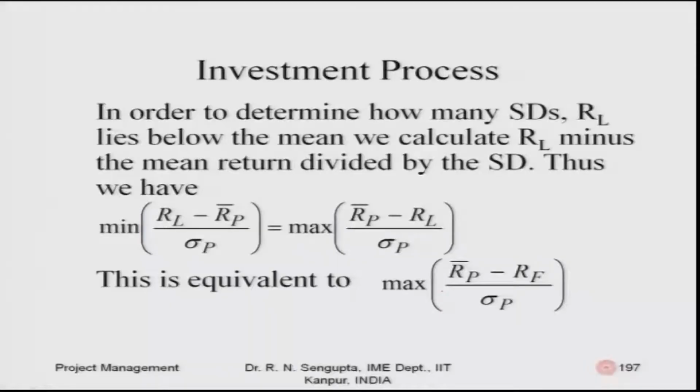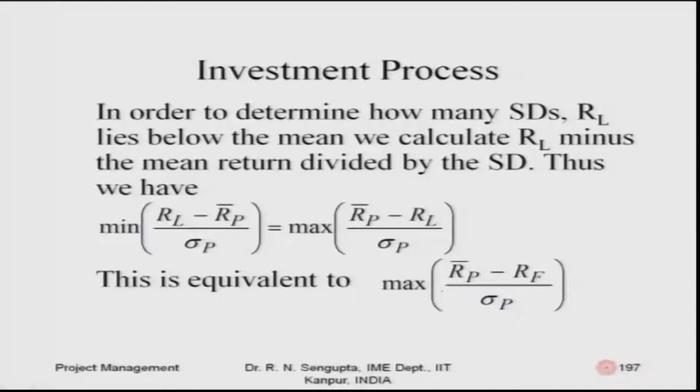In order to determine how many standard deviations RL lies below the mean, we consider RL minus the mean divided by the standard deviation. That means the question I asked all of you in the second-to-last slide, whether it should be normalized, is actually true.